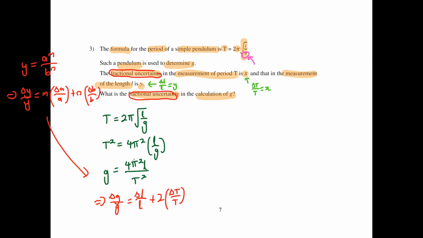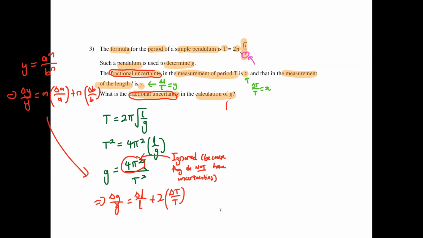Now you may be noticing one thing here, that 4 pi squared has been ignored. The reason why it is ignored is because 4 is a number, it does not have any uncertainty to it, and the constant pi also does not have any uncertainty to it. So they are both ignored because they do not have uncertainties.